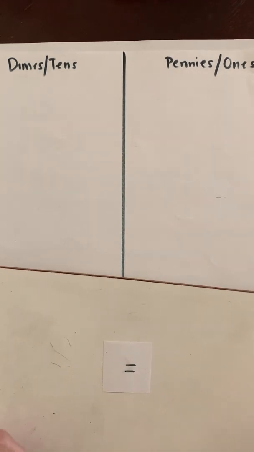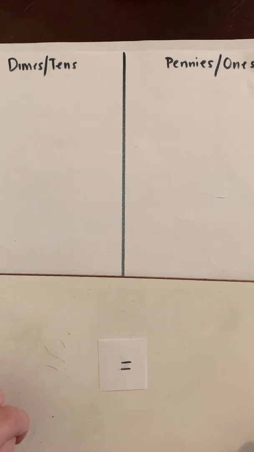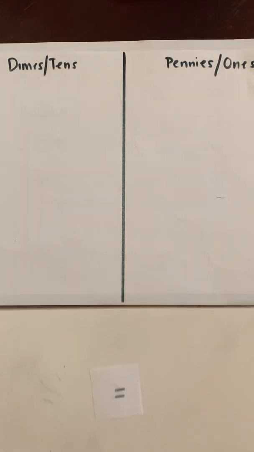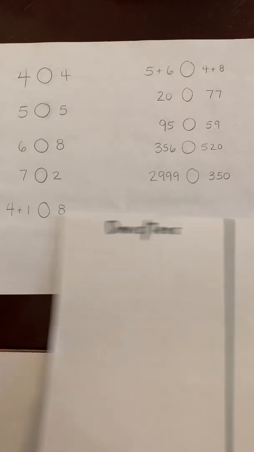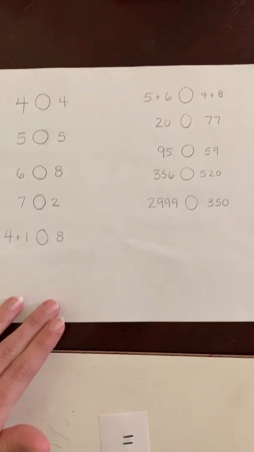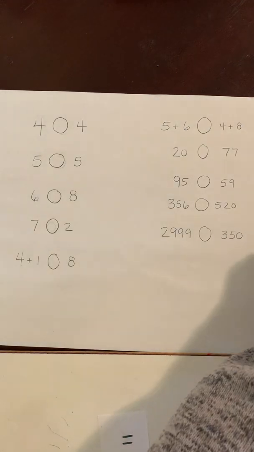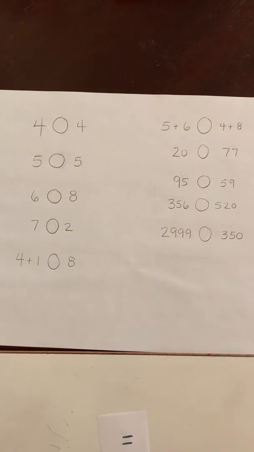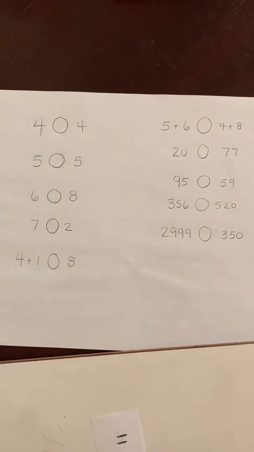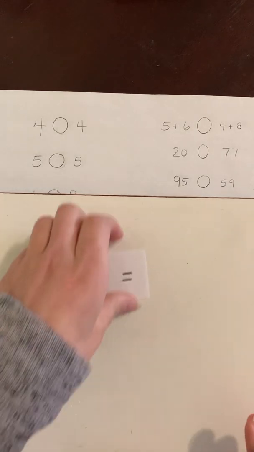Once you have finished making at least one number sentence for each symbol, next find your paper that looks like this. You'll need that for our next activity.